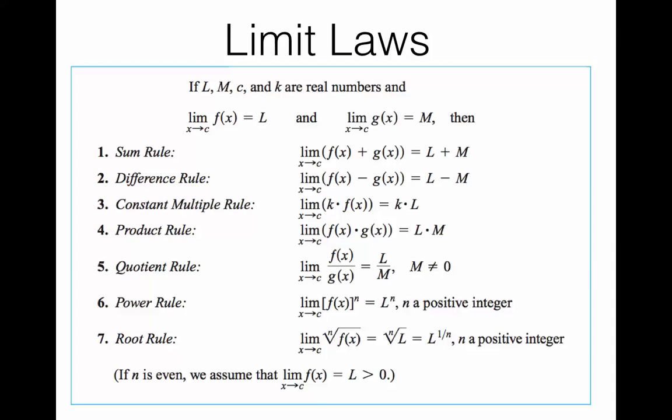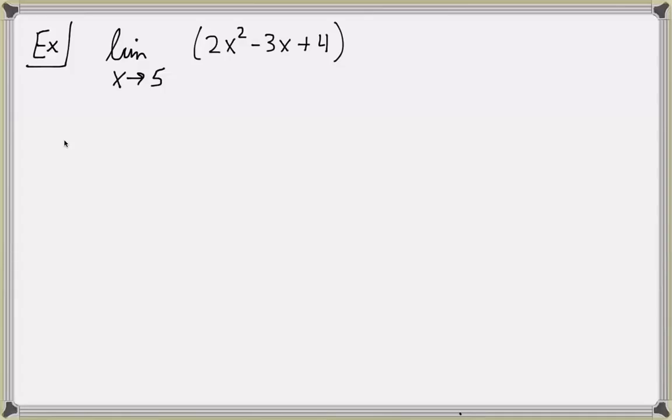Now let's look at some examples of computing limits using the limit laws. Let's evaluate the limit of 2x squared minus 3x plus 4 as x approaches 5. Well, this is a polynomial, and so we can break up the three terms of this polynomial using the sum and difference rules.